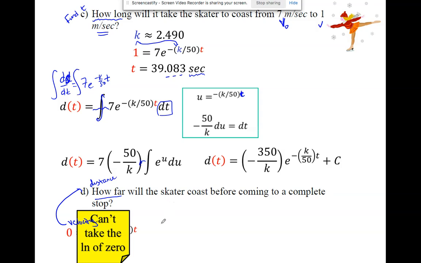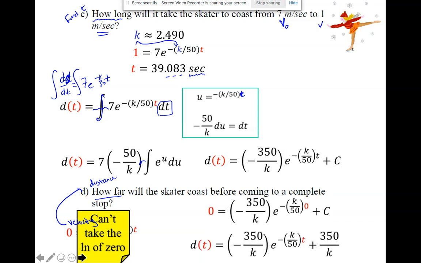So she starts, her distance reaches a limit. So sorry, I did a step before. I do have a point to solve for C: 0, 0.